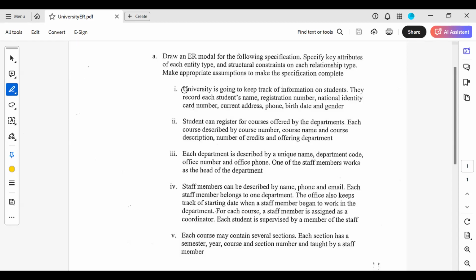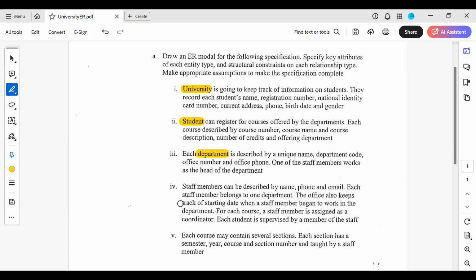Okay, we have university. We have student. Sanjay said student, Ramesh also said. Okay, we have department. Soumya and Prasad said department.